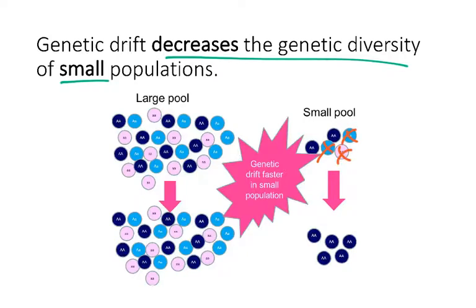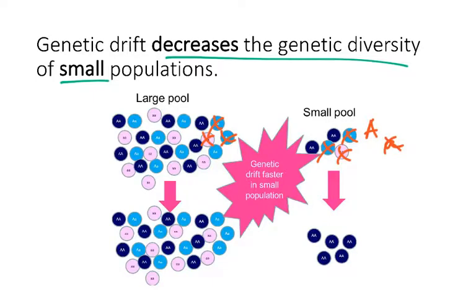If we lost 3 individuals in the large population, it wouldn't really matter because we have other individuals that are still carrying that same lowercase a allele. But in the small population, if we lose those 3 individuals, we've essentially wiped out that little a allele. We don't have any individuals left that still have that allele.